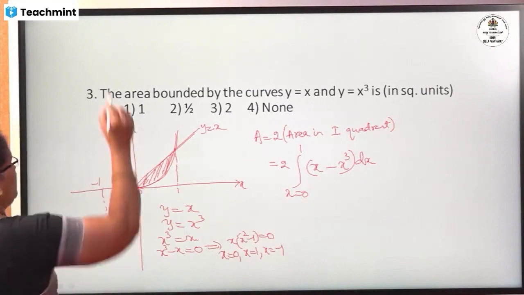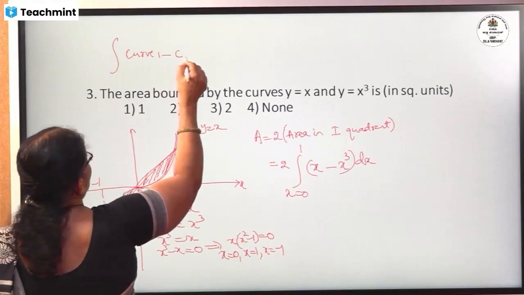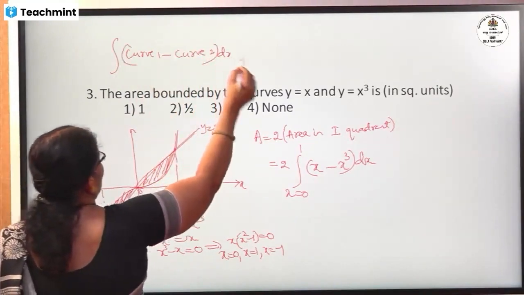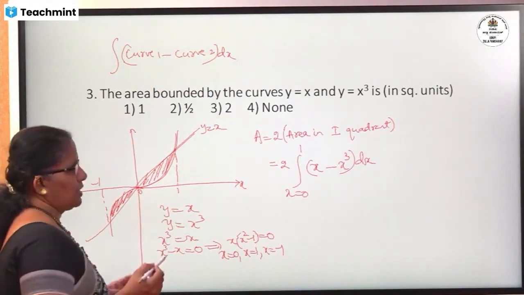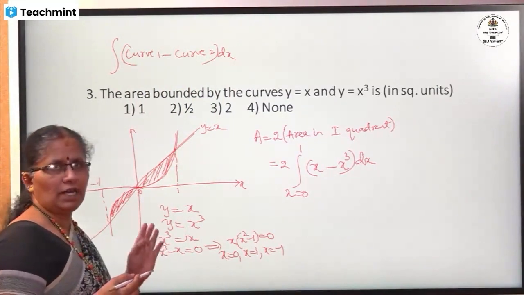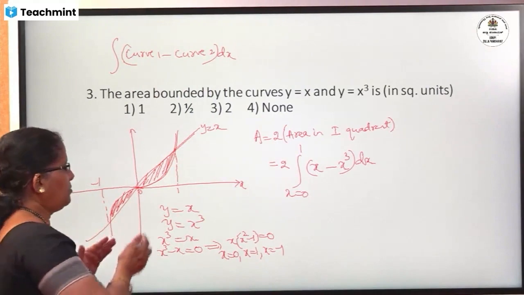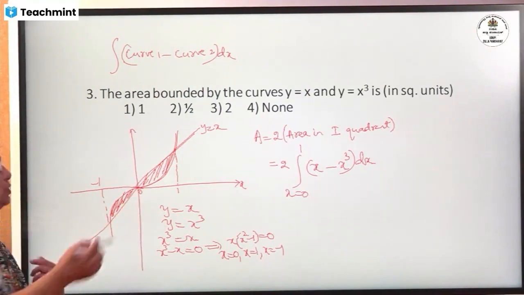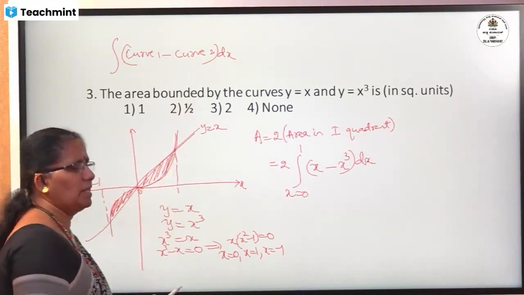So area bounded between two curves is curve 1 minus curve 2 into dx between appropriate limits. Of course, you have to draw the graph and see if the curve is entirely above the x-axis or entirely below the x-axis, or is it 50% above and 50% below. But once you draw, if it is entirely above the x-axis, you can just say curve 1 minus curve 2.